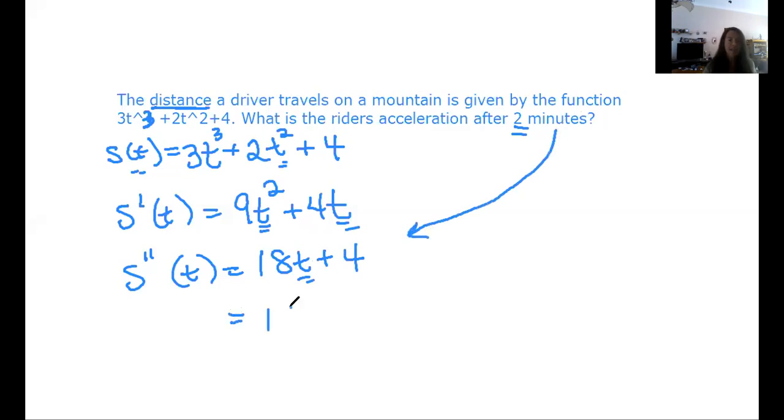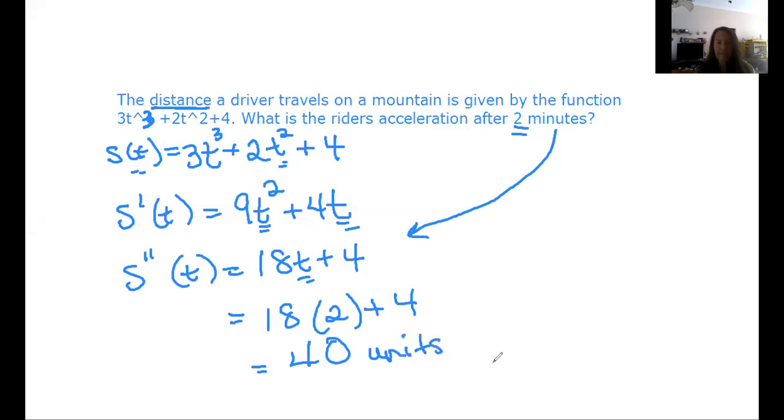So I plug in 2, and that's going to give me 36 plus 4 is 40. I don't know what the unit is, but we'll put units per minute squared for the acceleration, per minute per minute.